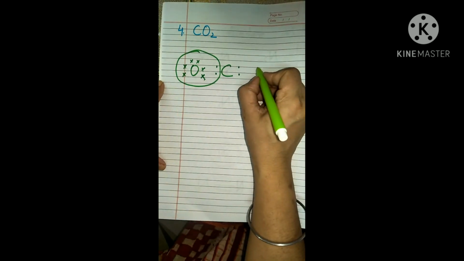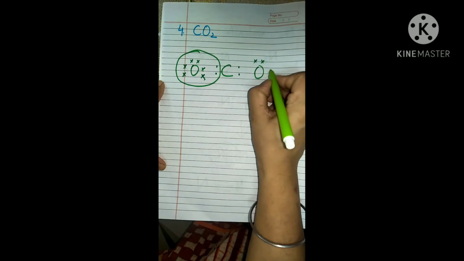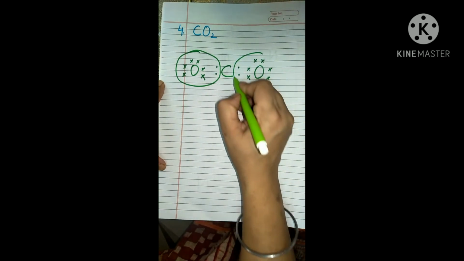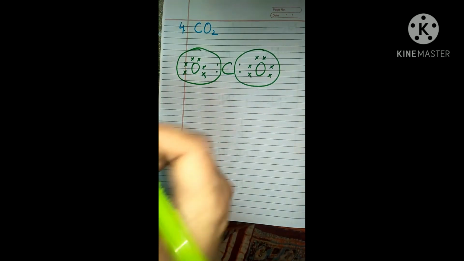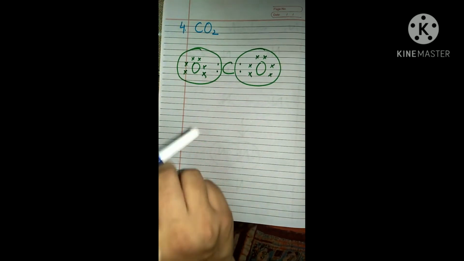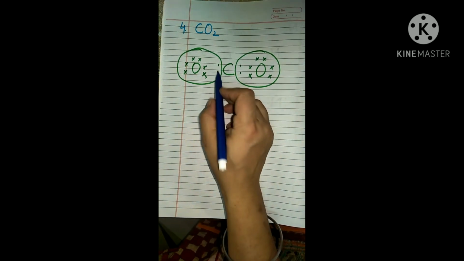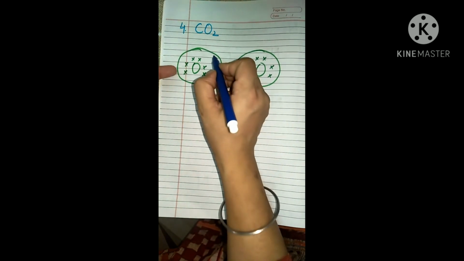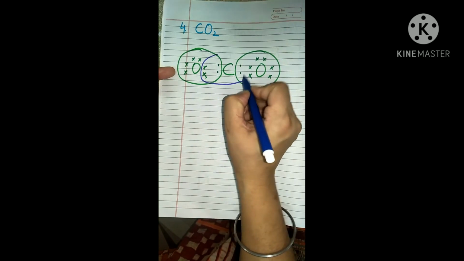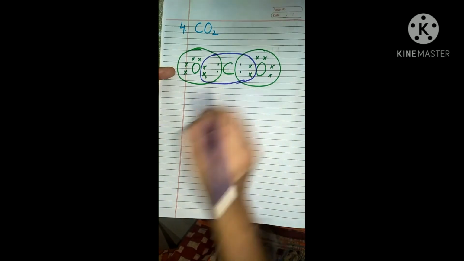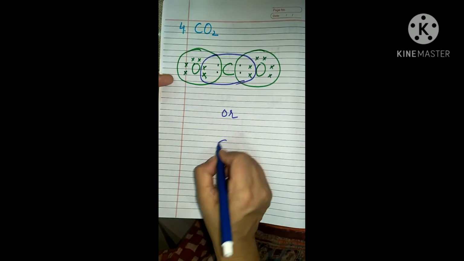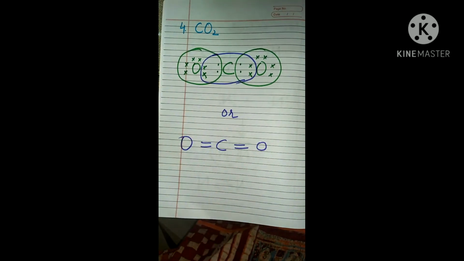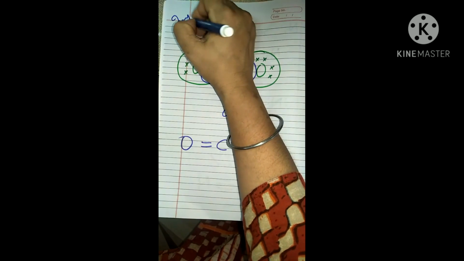Then similarly the other oxygen, 1, 2, 3, 4, 5, 6, is stabilized this way. And for carbon to be stabilized, there are 4 electrons of carbon, which I have represented with dots, and the other 4 are represented with crosses. This is C double bond O double bond. A very important example.